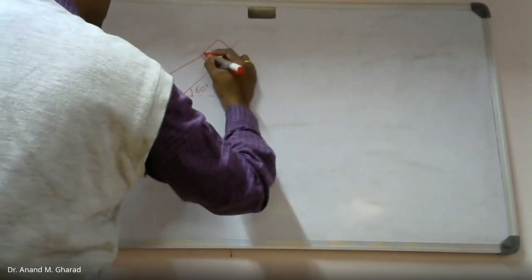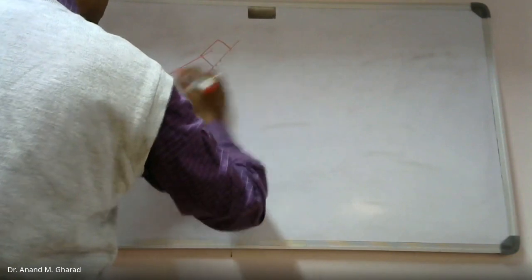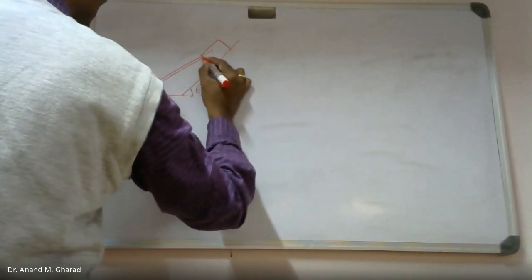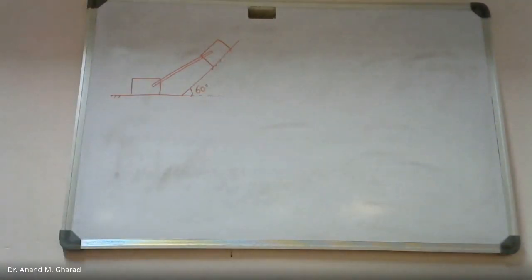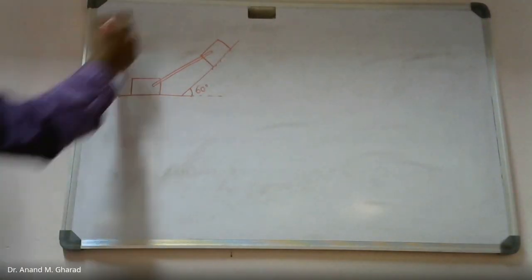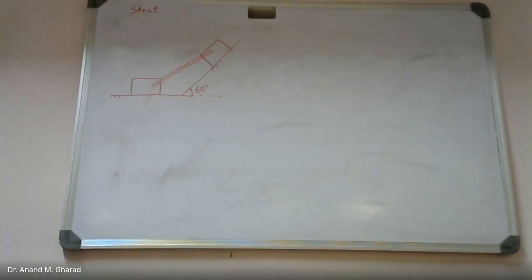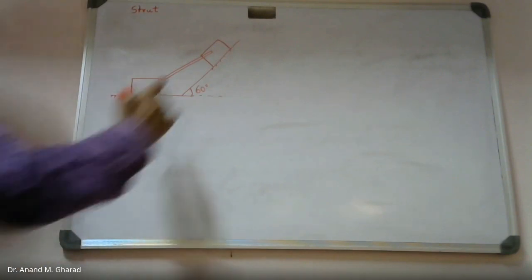The terminology for this is strut, S-T-R-U-T. Strut is another member which will keep in position two different rigid bodies.